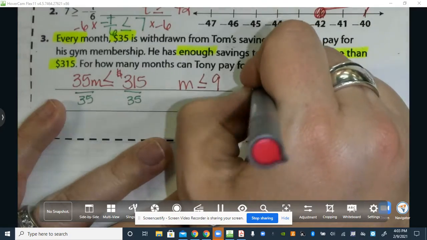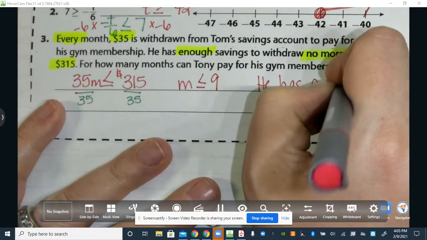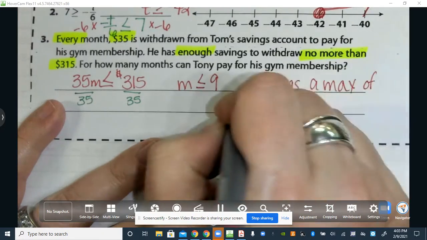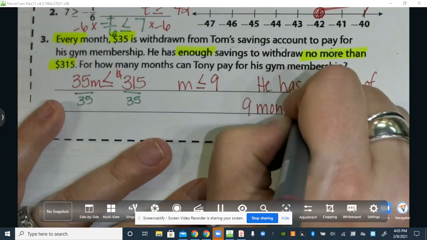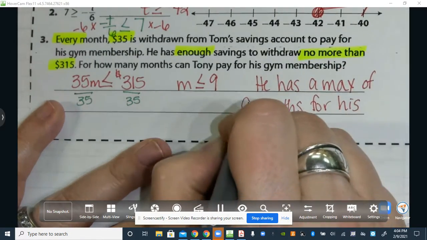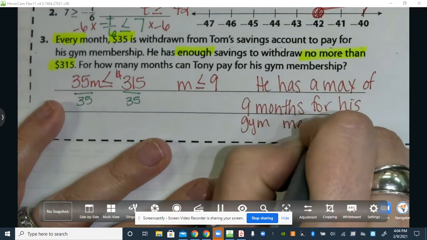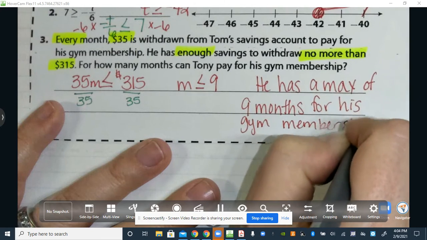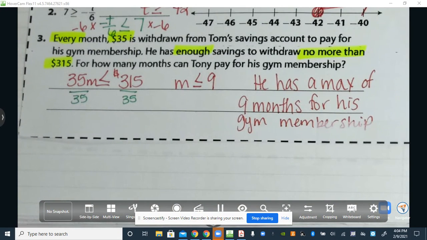So he has a maximum of 9 months for his gym membership. Okay.